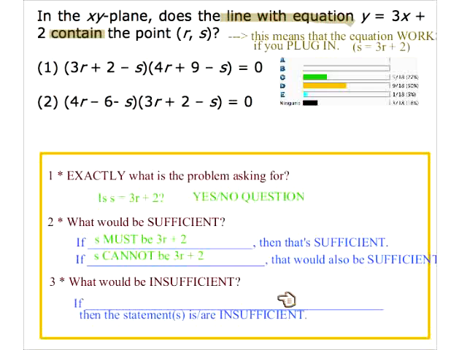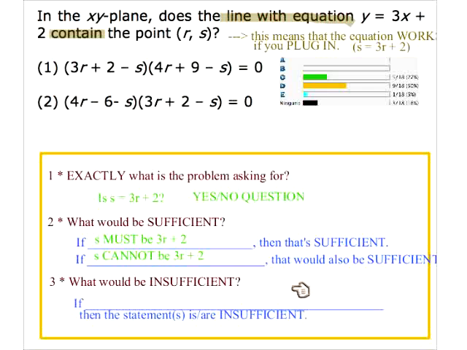What would be insufficient? Text box, please. This question, what would be insufficient? Multiple values of S or R? No, that's wrong.